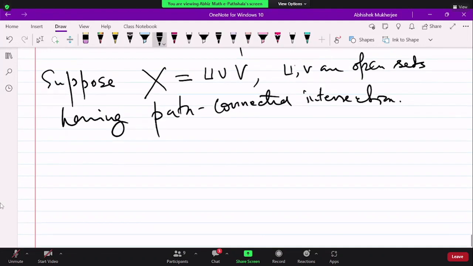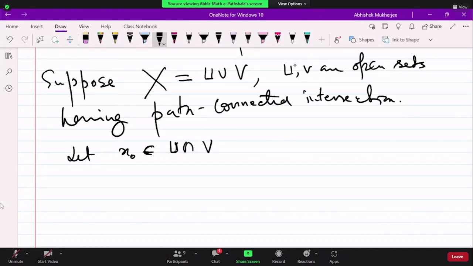And let a base point be specified in the intersection of the two open sets. So let us take a base point in this path connected domain.